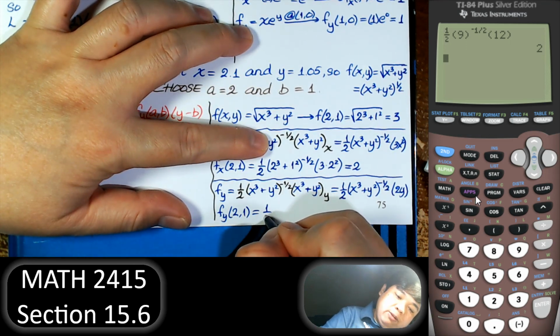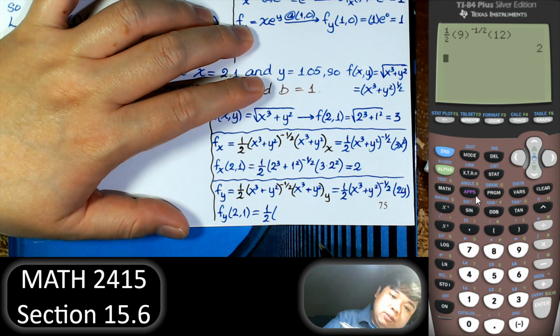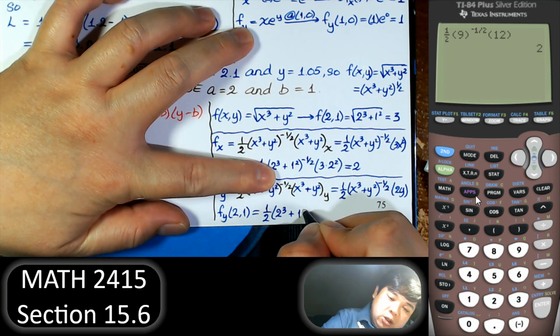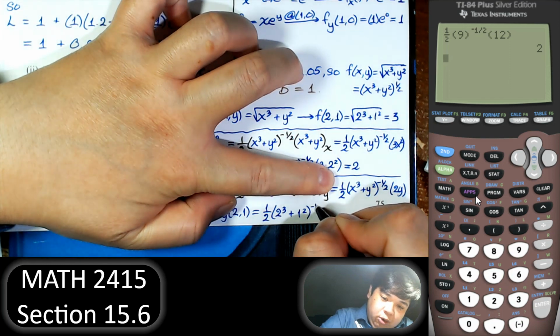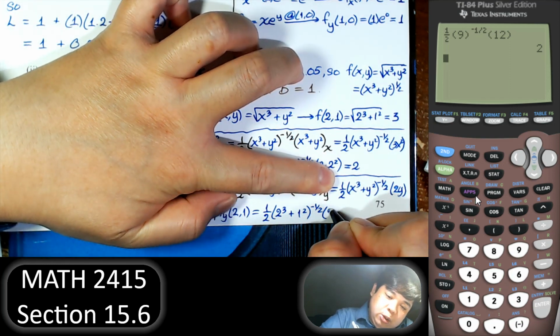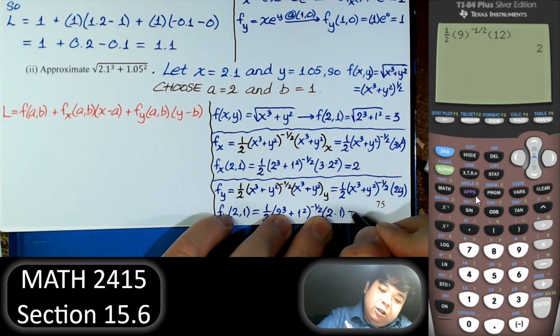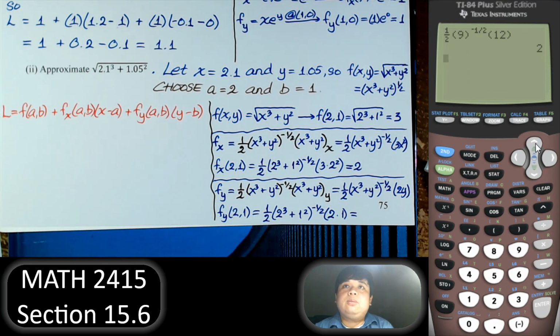So we have 1/2 times 2 cubed plus 1 squared to the negative 1/2, times 2 times y, which is 1. So pretty much we have the same thing, except instead of 12 it's going to be 2.